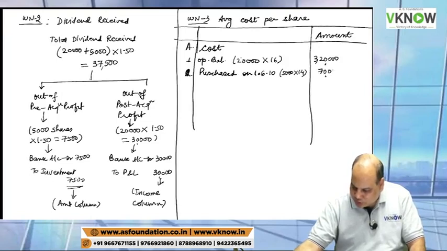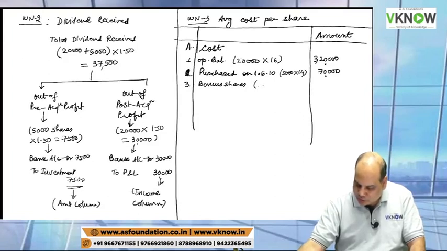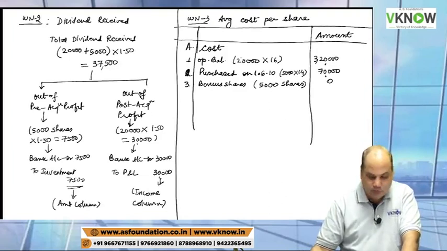So that is 70,000. Point number 3, we got bonus shares. How many bonus shares we received? 5,000. But the cost is 0. Bonus share cost is 0.